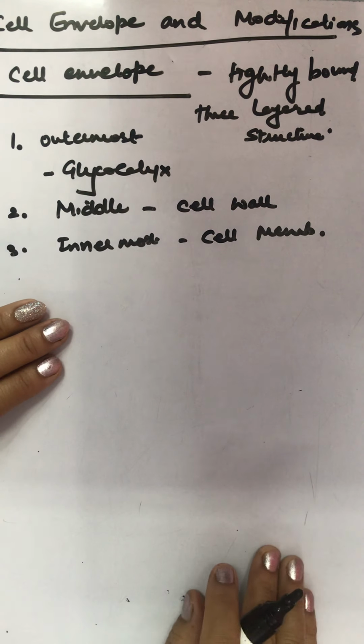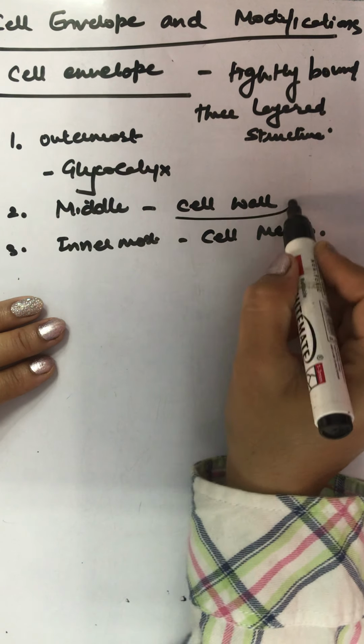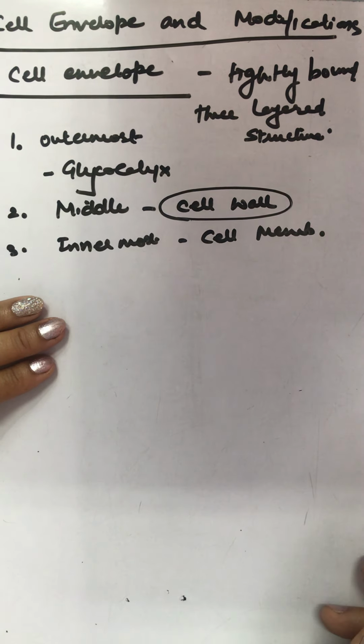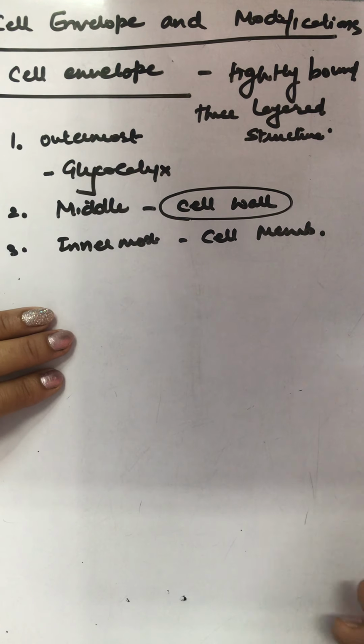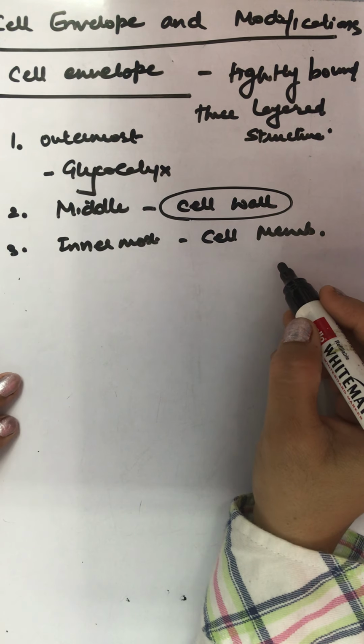We just mentioned that the cell wall is absent in only Mycoplasma, rest all have a cell wall around the cell membrane.